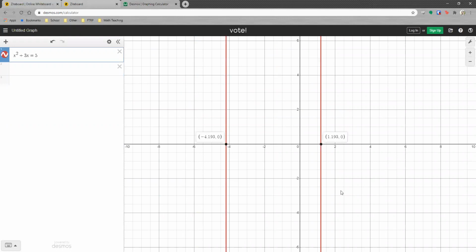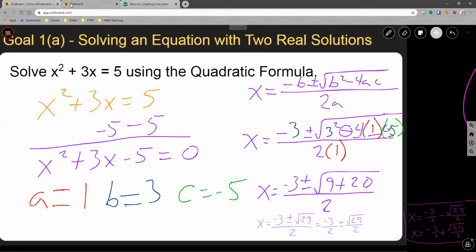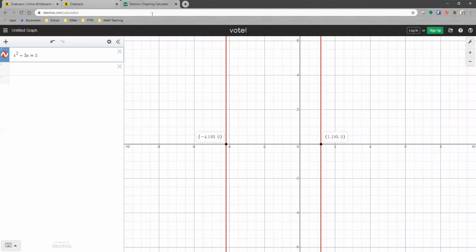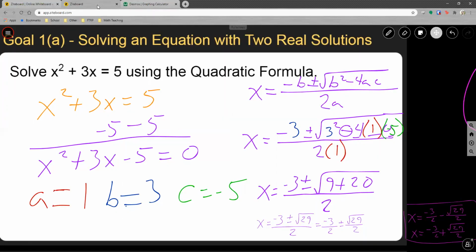They're in decimal form, but sure enough, those are my 2 roots. If I plug these into a calculator, I would get a value somewhere around -4.193 and 1.193. So we've got our 2 real solutions. All right, let's go ahead and continue.